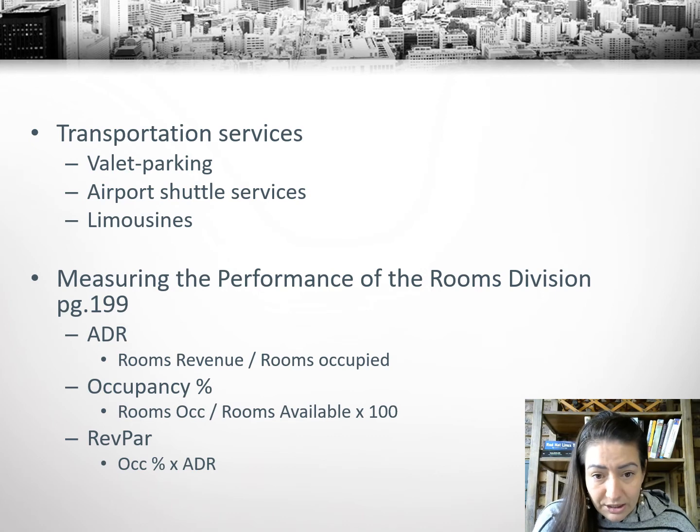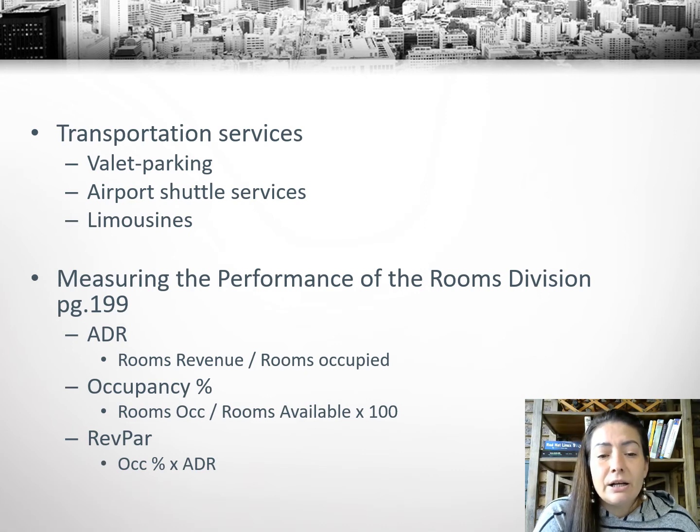How many rooms does the hotel have? 200. So you take 170 divided by 200, and because we're asking for a percentage, I multiply it by 100. And the answer is 85%. So my hotel is, for Monday, 85% occupied. Easy peasy. Okay.